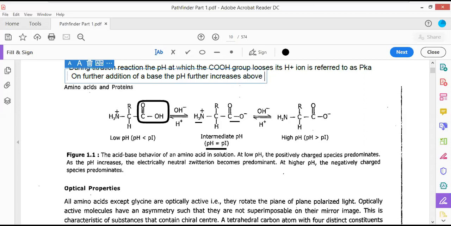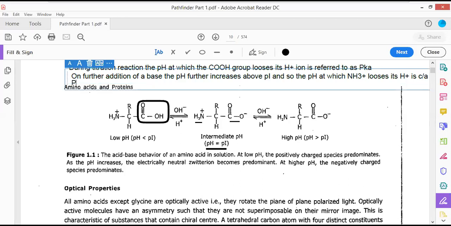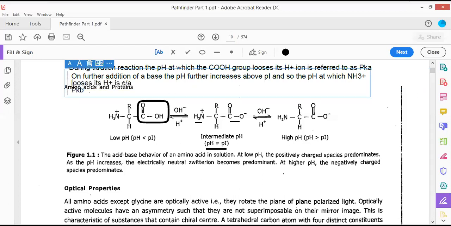Okay, it further increases above pI, and so the pH at which NH3 positive loses its proton is called the pKb. Which group? The NH3 positive group loses its proton, then it is referred to as pKb.